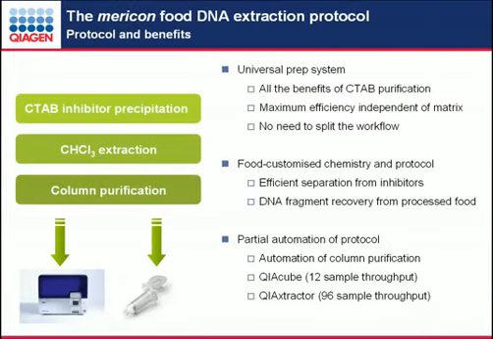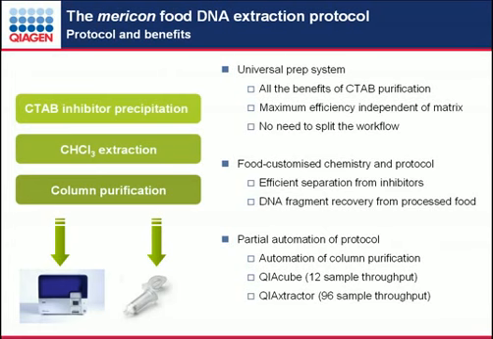So the food extraction protocol is a universal prep system that is equivalent to CTAB purification. The efficiency is independent of the matrix, and there's no need to split the workflow. If you have many different samples that you want to test, you don't have to separate each kind of food and do them individually.